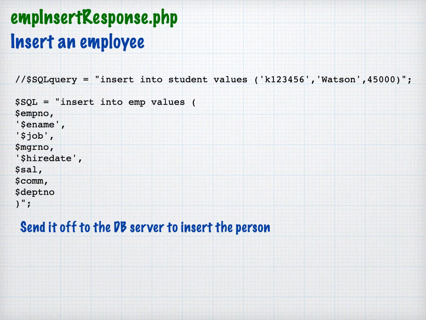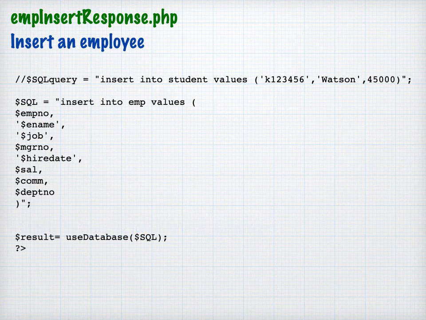So all we're doing here, by the way, remember, is we're actually constructing the SQL string. We haven't actually sent it off to the database or anything like that. So the next step is to send it off to the database server, and we've got a simple line that does that. We go use database SQL, just like that.